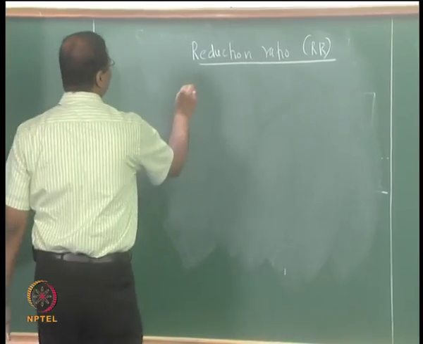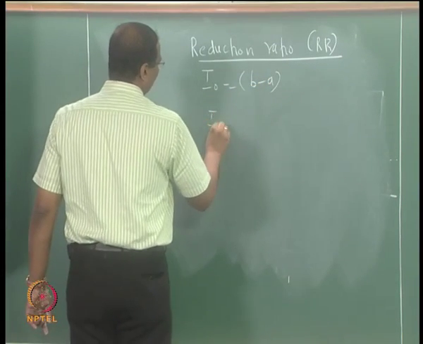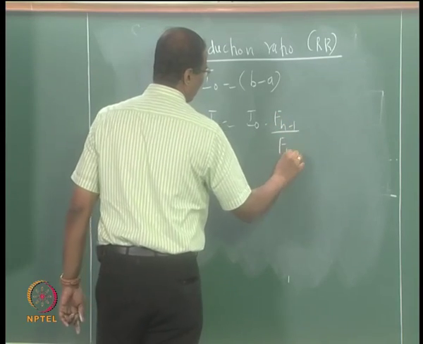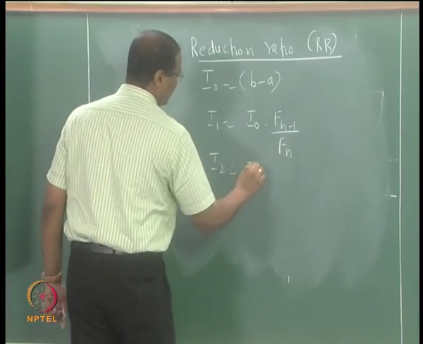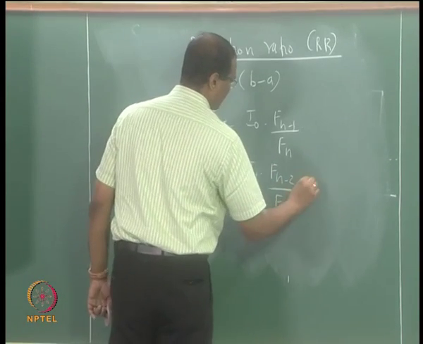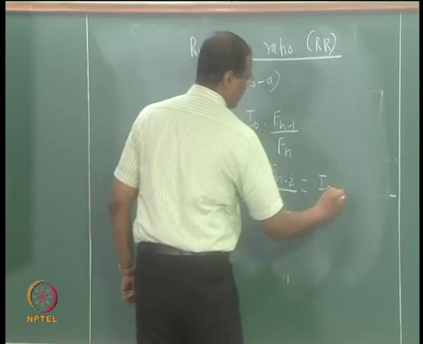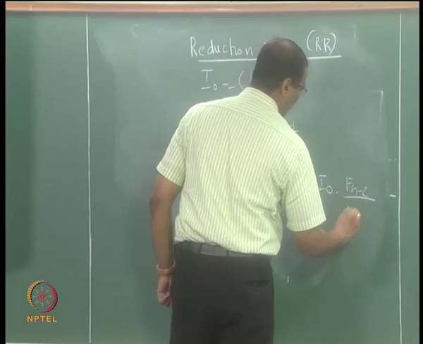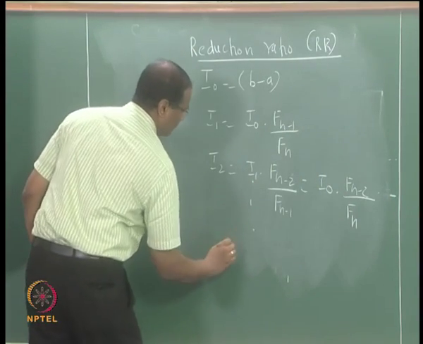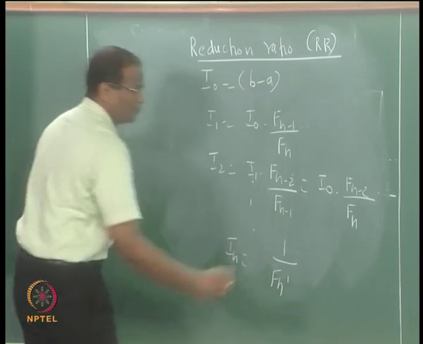I naught is B minus A. Will it become 1 in the end?